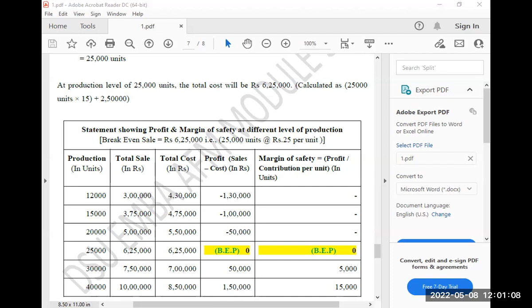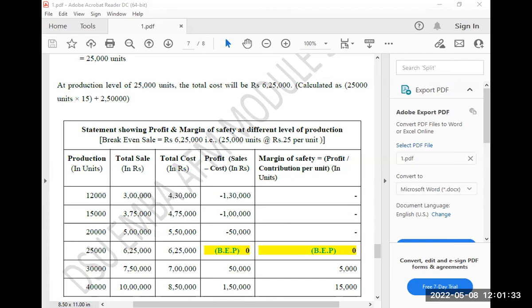See, fixed cost plus variable cost equals total cost. If that is equal to sales, I get 0 as my profit. How much profit I need is added there, divided by contribution per unit. Now look at the data given to us. Selling price per unit is 20.